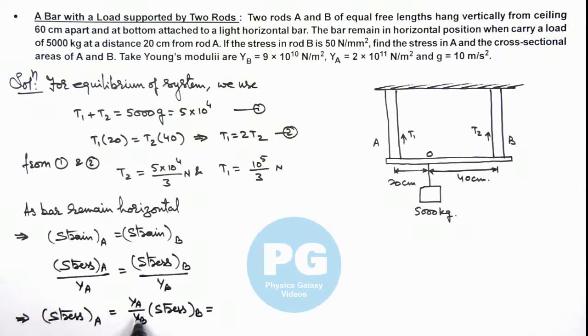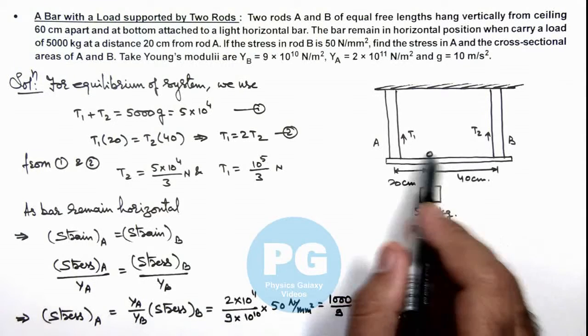The value of YA is given to us as 2 into 10 to power 11 divided by 9 into 10 to power 10 multiplied by 15 Newton per mm square. So this will give us the result as 1000 by 9 Newton per mm square, which is one result of the problem for the stress in rod A.